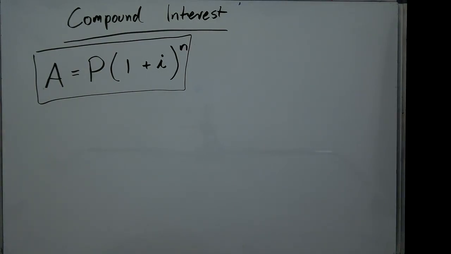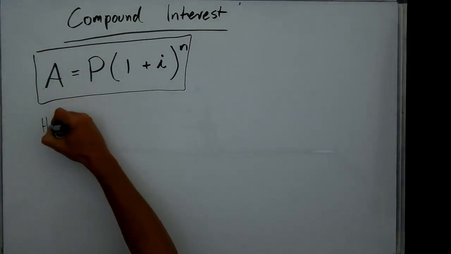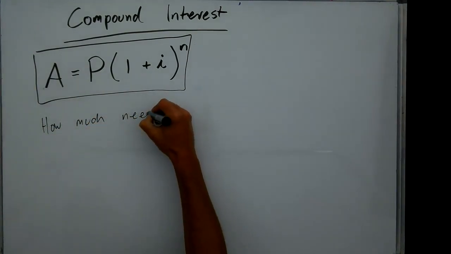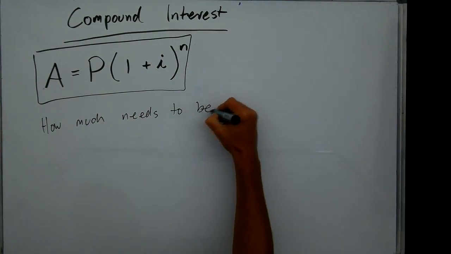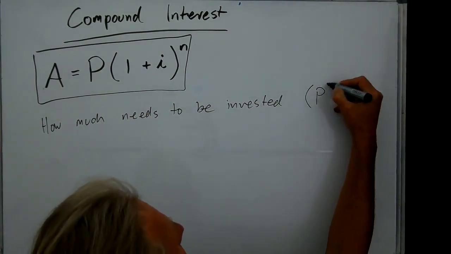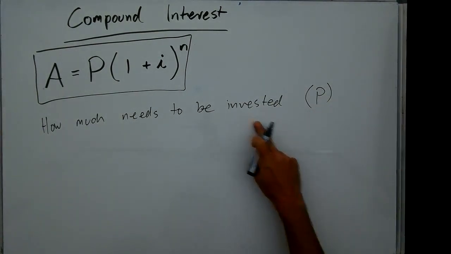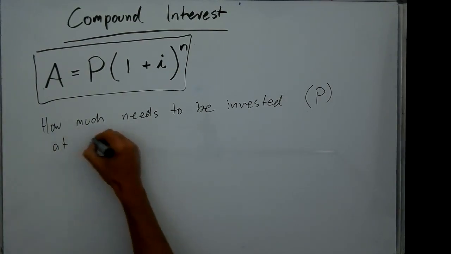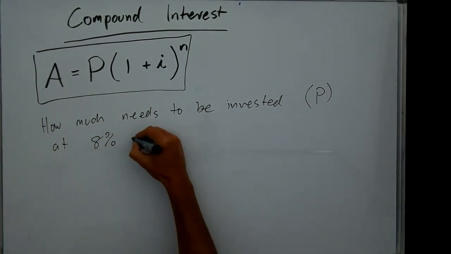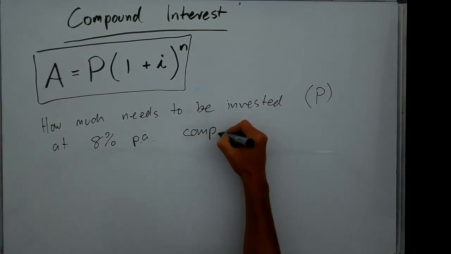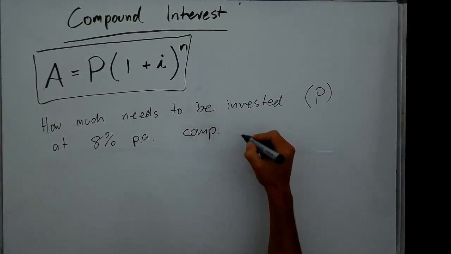Okay, so the last little example: how much needs to be invested? I'm going to put in brackets, so that is our principal. How much do we have to start? At 8% per annum, compounding twice annually.